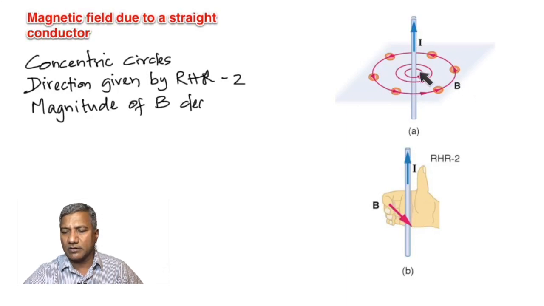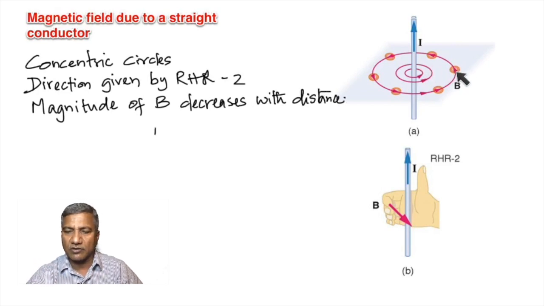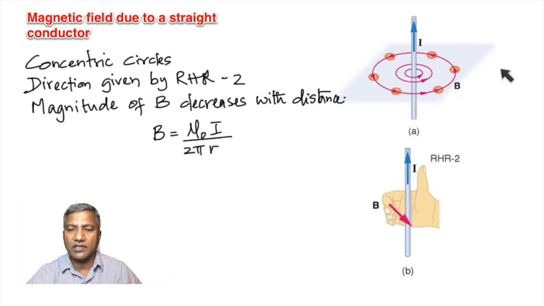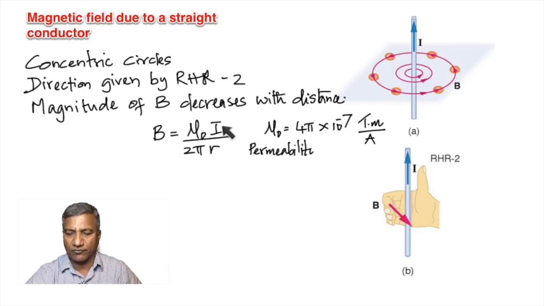But if you look at a point further away, surely the magnetic field is going to be weaker. So the strength of the magnetic field depends on the current and the distance. As you can see here, B depends on I, which is the current, and R, which is the distance of the point where you're looking for the magnetic field.